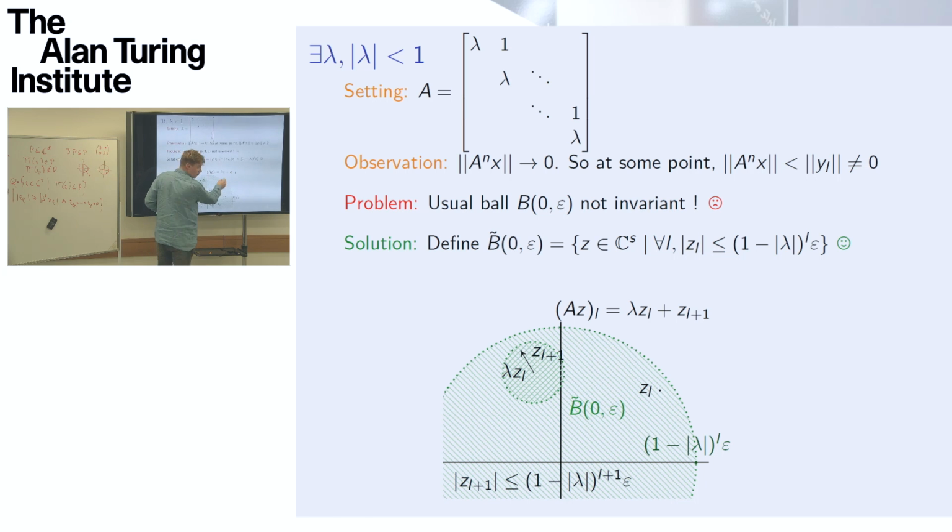And then I add ZL plus 1. But ZL plus 1 is in a smaller ball, and it's chosen so that the shrinking here compensates when I add ZL plus 1. So this is just the intuition that on bigger coordinates, my ball is smaller. Okay, and then once I have this ball that's invariant, I can use it to synthesize an invariant.